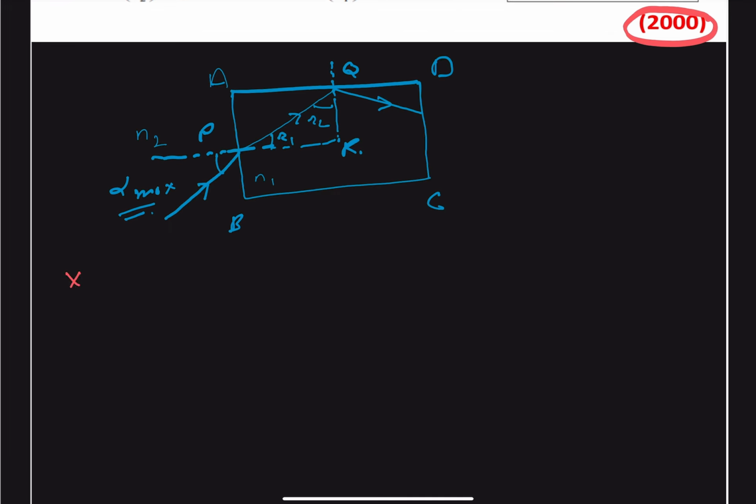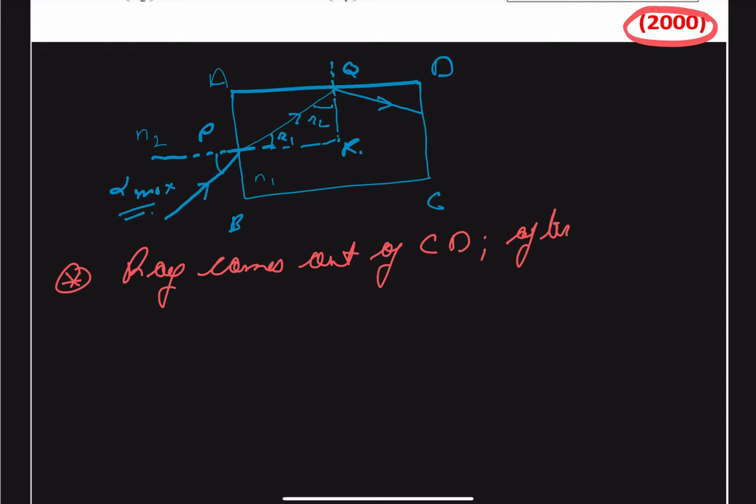So we can write that the ray comes out of CD after refraction at AB, after refraction at AB gets total internal reflection at AD.